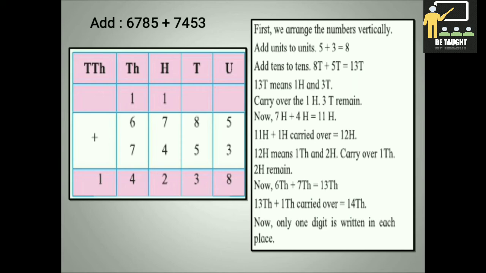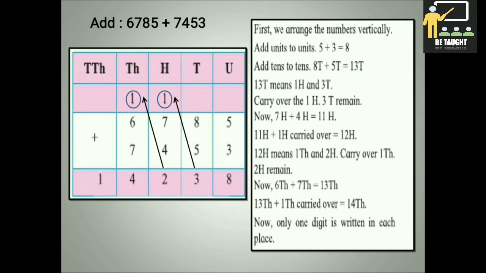Tens place, 8 plus 5 is equal to 13. So 3 we write in the tens place and 1 will be carried over to the hundreds place. In the hundreds place, 7 plus 4 is equal to 11, plus 1 carry over. So it is 12. So we write 2 in the hundreds place and 1 will be carried over to the thousands place.